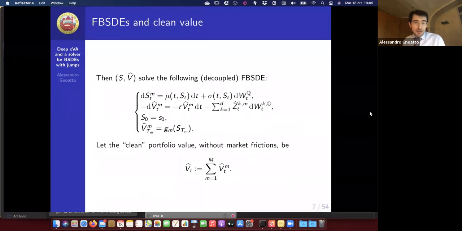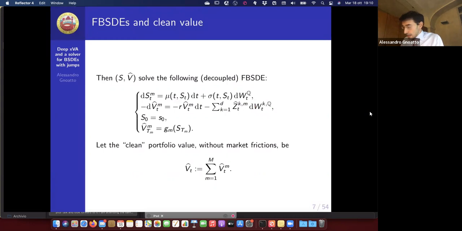It is well known that each of these V hat can be computed by solving a forward-backward stochastic differential equation. This is essentially the theory which is very well explained in the classical paper from 1997 by El Karoui, Peng and Quenez. So you have the forward dynamics of your risky assets, and then you have this backward dynamics.